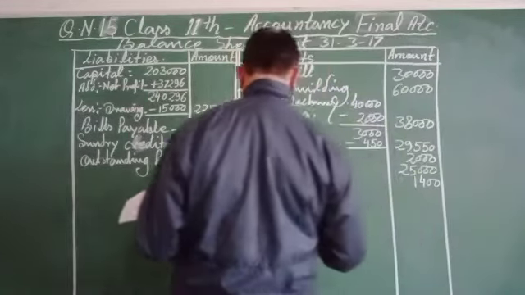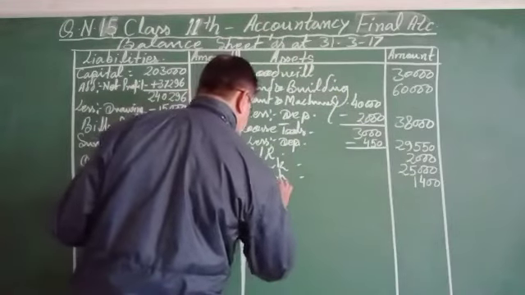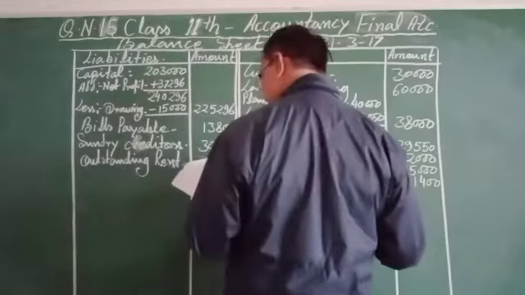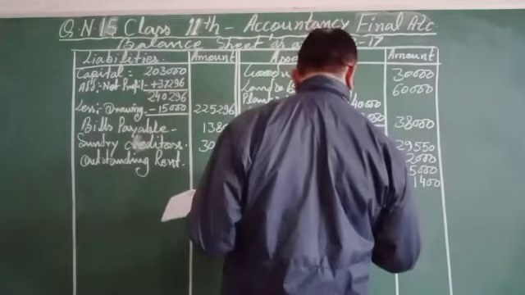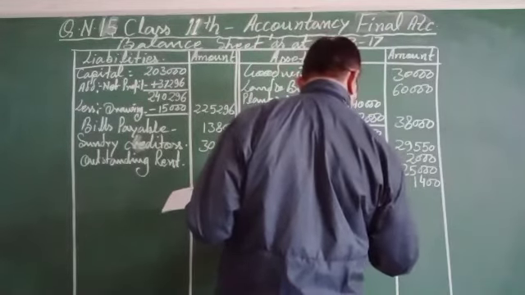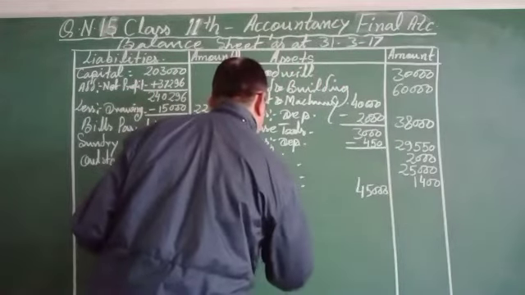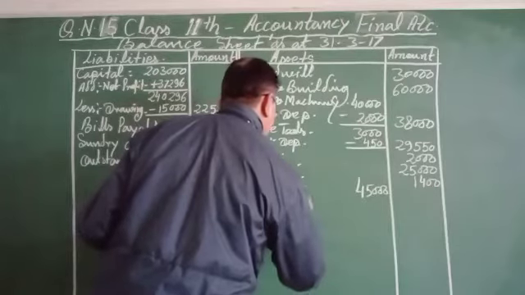Sundry debtors, that is given 45,000, less provision.